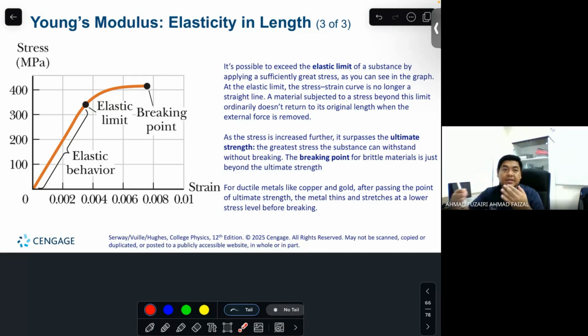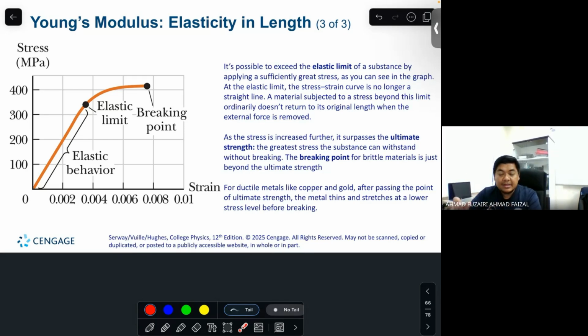So as you can see, every material should at least have some elastic behavior, or elastic properties. For example, if we have socks, until it reaches the elastic limit, if you try to stretch the socks, the socks can still return to its original position.